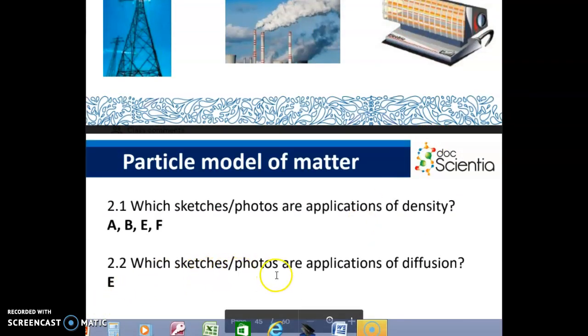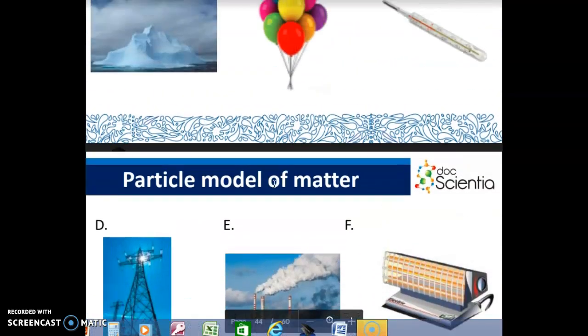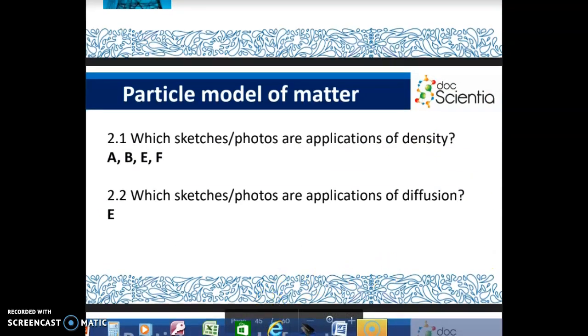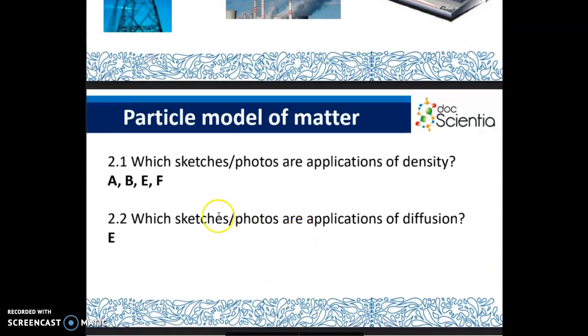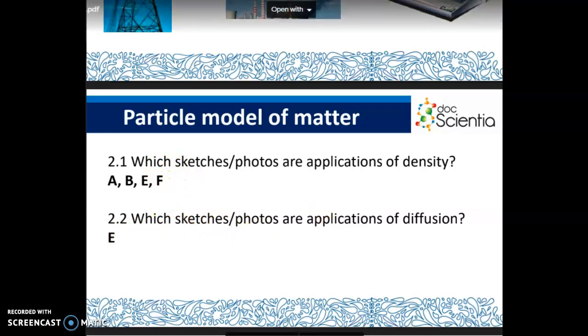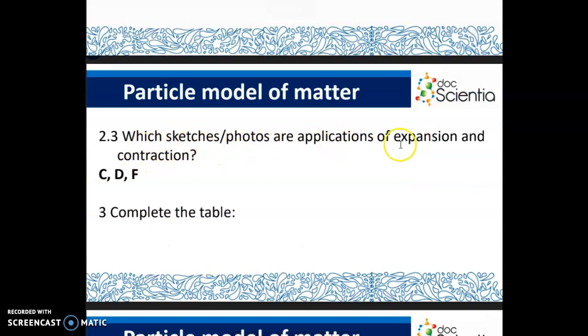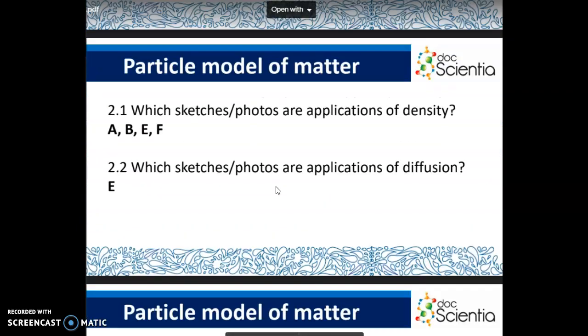2.2. Which sketches or photos are applications of diffusion? That would be E. Which sketches or photos are applications of expansion and contraction?